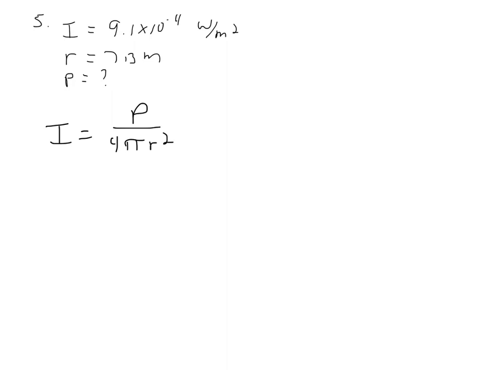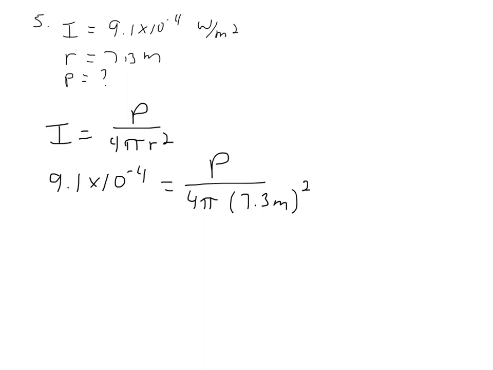So we get 9.1 times 10 to the negative 4th equals power, which is what we're looking for, over 4 pi times r squared, which is 7.3 meters. So we square that, and we solve that equation. We should get our power equals 0.011 watts. And that's the end.